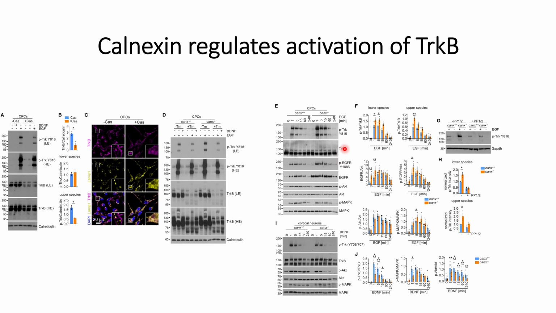And when it comes to the TrkB, they do not see too much difference between TrkB at 130 kilodaltons or at 100 kilodaltons, or phosphorylated or non-phosphorylated TrkB, in both cases. They also check other markers, such as phosphorylated EGFR, and they can see a reduction in this phosphorylated EGFR with time, because of the depletion of this EGF with time.